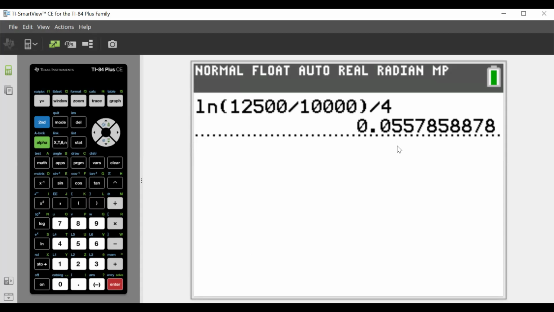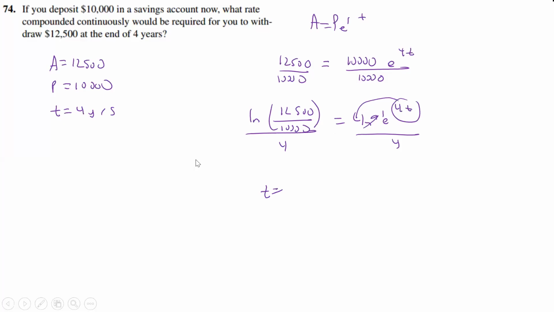So yeah, I wrote the wrong thing up there. It's not a time, it's a rate. It was 5.579%. Okay.